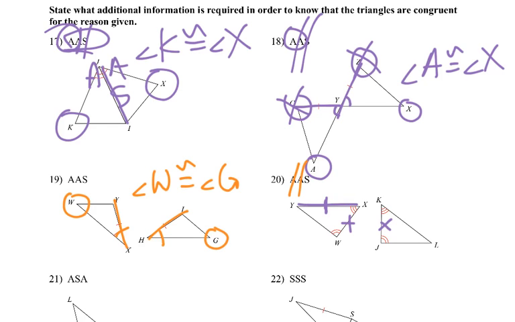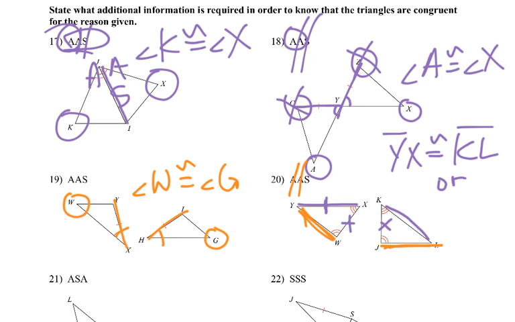Well, it's touching the angle with the 3 marks, so that would have to be KL. So you could go YX is congruent to KL, or the other option here is if it were touching this side. So it could be YW is congruent to JL. Either one of those would work and still fulfill the angle, angle, side. It just can't be the side in between.